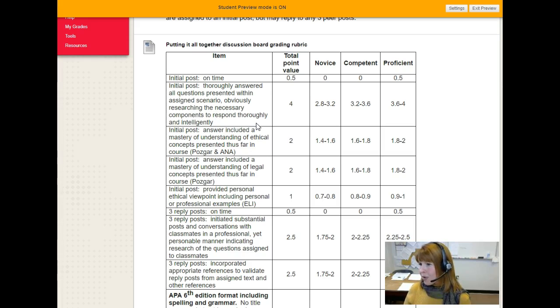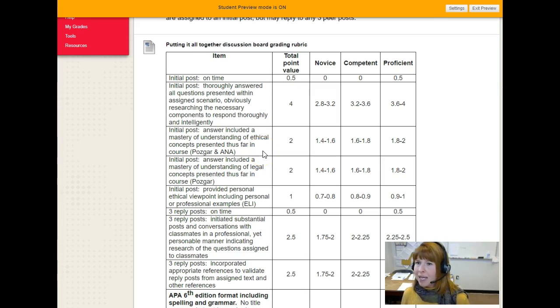You may also want to include an example of something that has happened to you in your professional life that exemplifies what you have said in that section. Long story short, make sure that you fully and thoroughly answer each question that is asked of you. That is important. And you can tell it's really important because this section is worth 4 points, 4 out of 15 points. So it's very important.